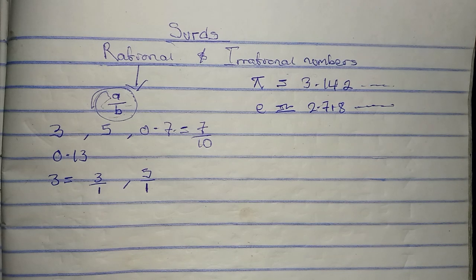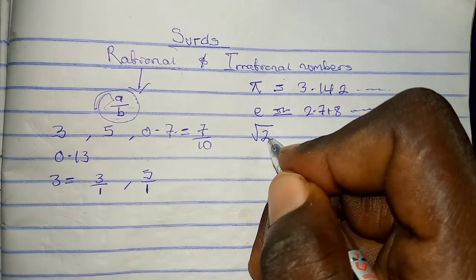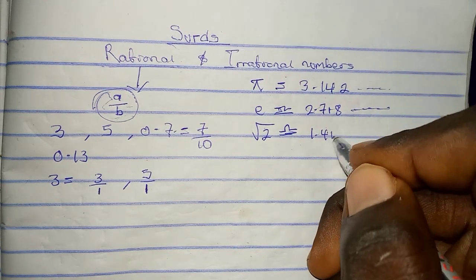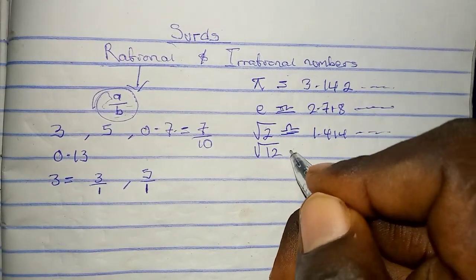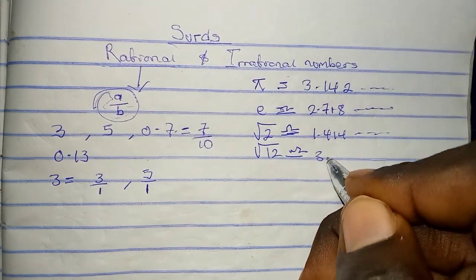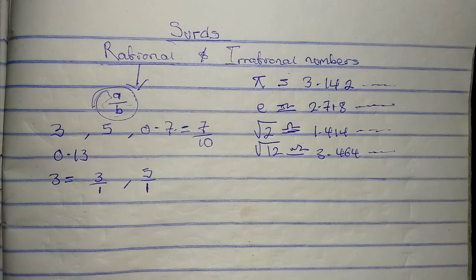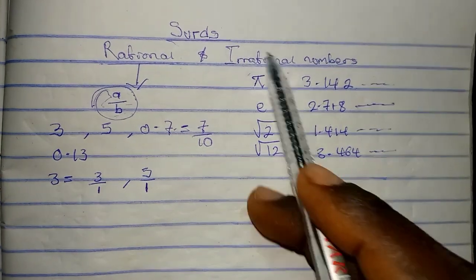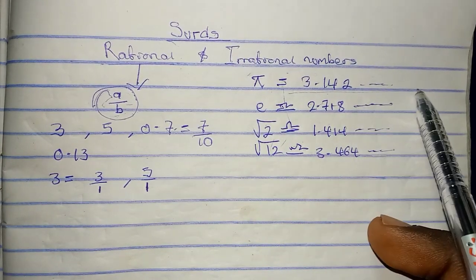We also have others like root 2, which is 1.414 and so on. Also we have root 12, which is approximately 3.464 and so on. There is no end. So irrational numbers are numbers that can only be approximated, which have no end.